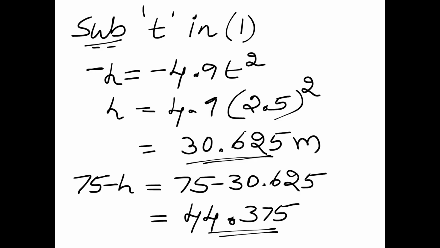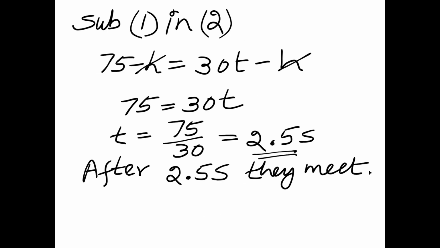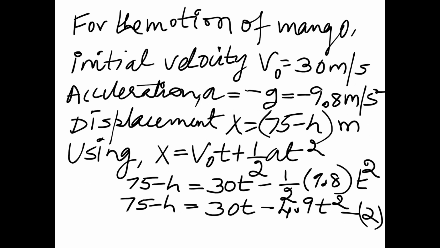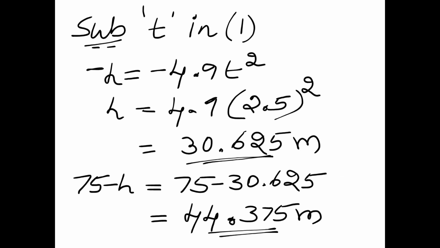This is the distance traveled by the mango. You can understand from the picture: h is this and 75 minus h is this. So we got the final answer: 30.625 meters and 44.375 meters. Okay, thank you.